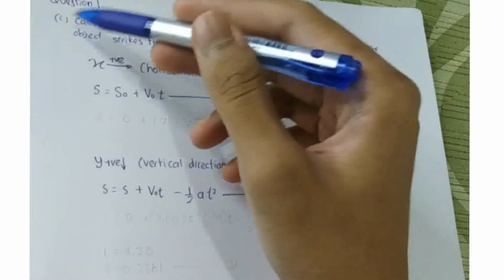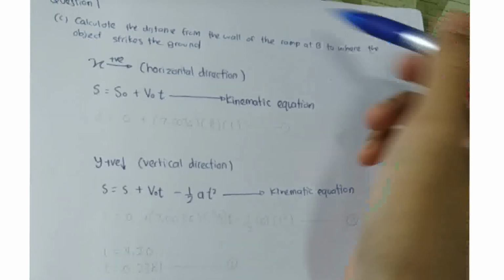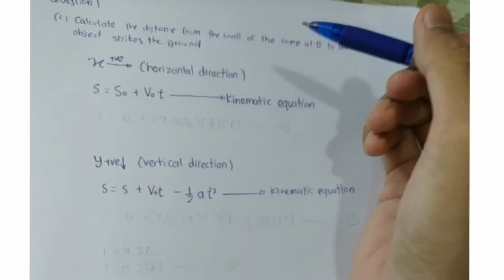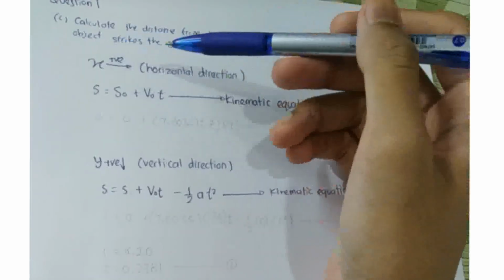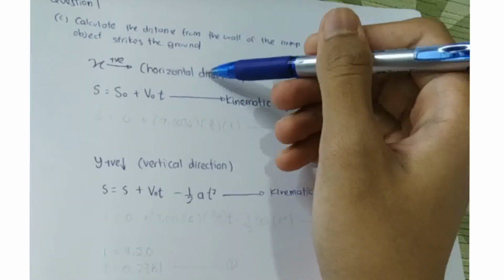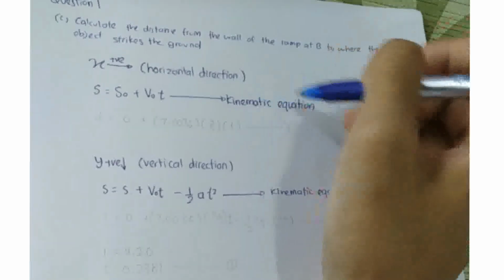So question 1C, calculate the distance from the wall of the ramp at B to where the object strikes the ground. So we calculate the horizontal direction of the positive axis. Then we use the kinematic equation.